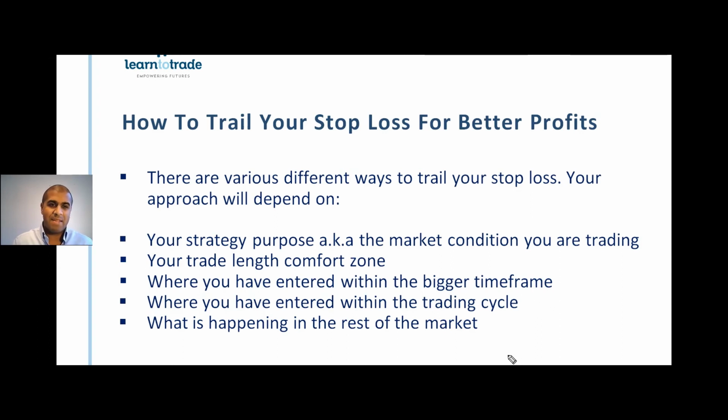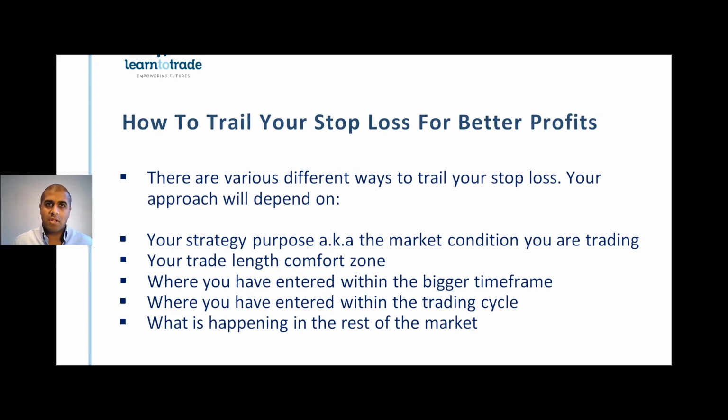I don't have a 15 pip or 20 pip trailing stop loss because the number's arbitrary. I look at the specific market and I trail my stop loss depending on the bar. We'll have a look at an example of some recent trades where I've trailed stop losses, and how we will look to do that.